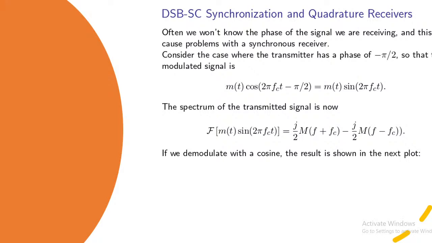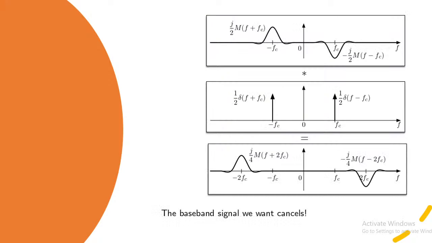The spectrum will be, since you have sine, j by 2 m of f plus fc minus j by 2 m of f minus fc. This is the Fourier transform of the signal which has a phase of minus pi by 2. Now if you demodulate this with cosine, the result will be something like this.